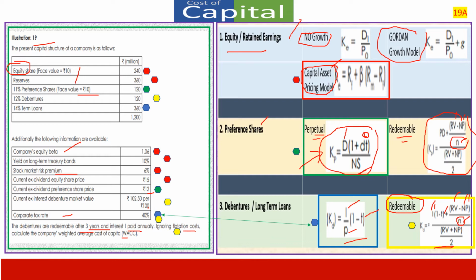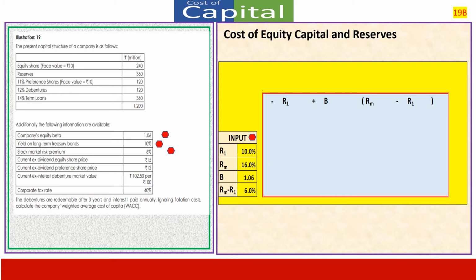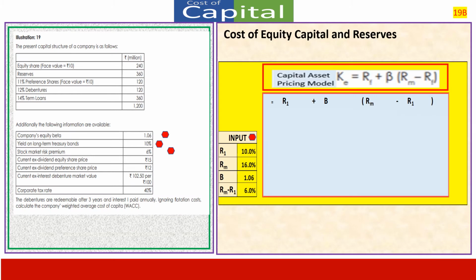And number four, term loan, we are using the perpetual module where interest tax shelter multiplied by interest divided by the principal is considered. Now, having seen this, we can proceed to take up the equity capital and reserves.